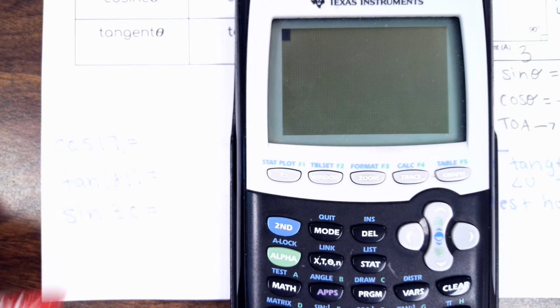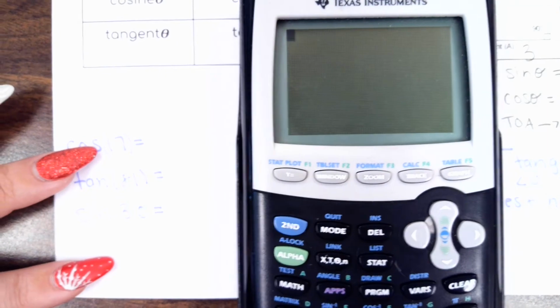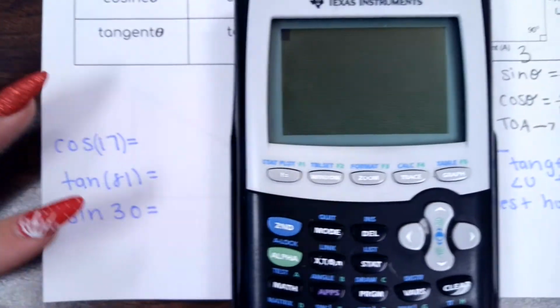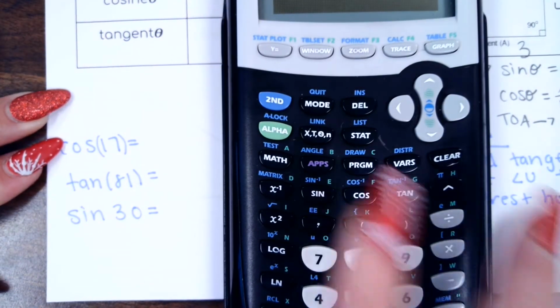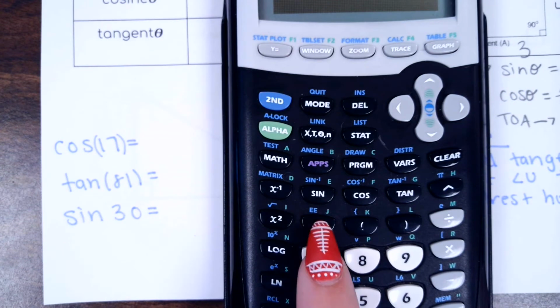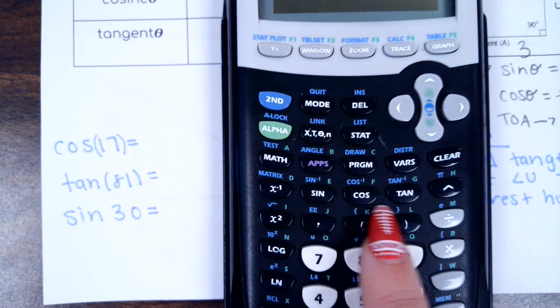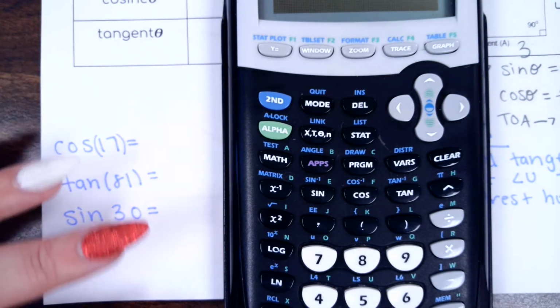Now we can figure out what the cosine of 17 is. Let me turn down my brightness a tad. Okay. So cosine of 17. If we look on our calculator, here's our numbers. 2 rows above my numbers, I have sine, cosine, and tangent. Those are the trig functions that we are going to use in this class.